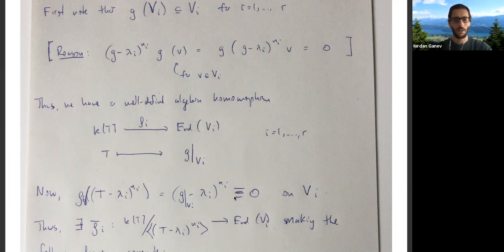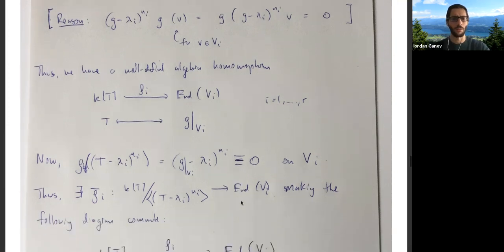But now this whole thing is constantly zero on V_i. Why is that? Well, it's just the definition of V_i. V_i was all the things that vanish when we applied this operator. So by congruent to zero, it just means that it's constantly equal to zero.